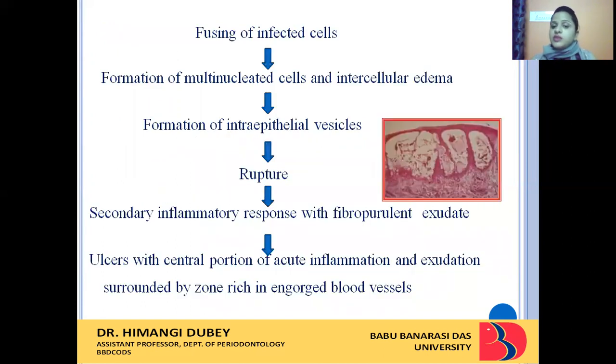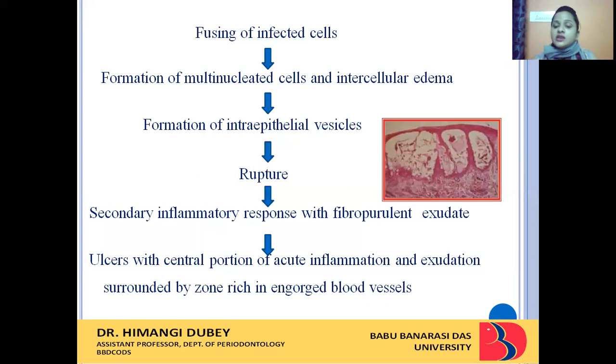After that, infected cells fuse, forming multinucleated cells, and intercellular edema leads to the formation of intraepithelial vesicles. These intraepithelial vesicles rupture and develop a secondary inflammatory response with fibropurulent exudates.